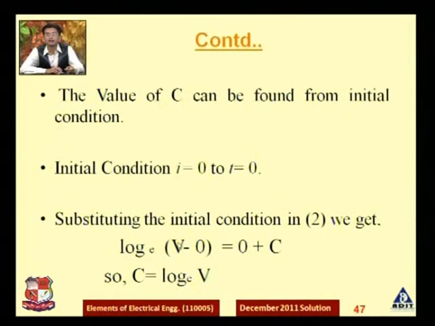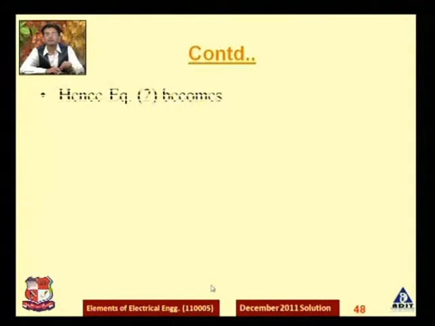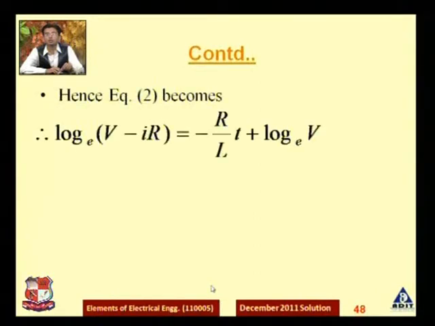Log base e of (V minus 0) is equal to 0 plus C. So I can find out that C is equal to log V base e. So putting this in equation number 2, you will get log base e of (V minus IR) is equal to minus R by L into t plus log V base e.